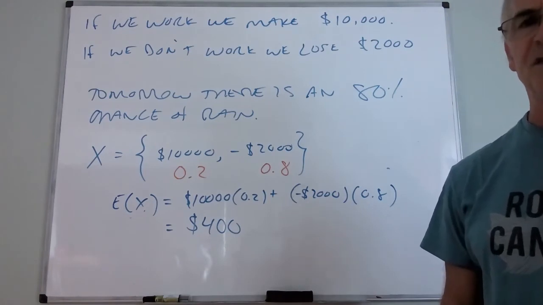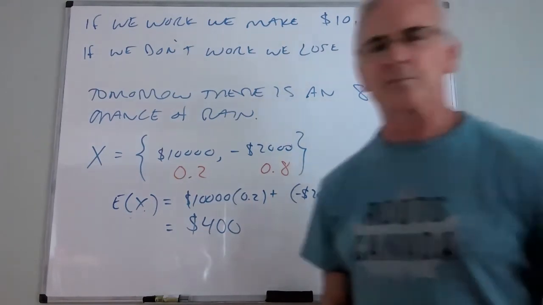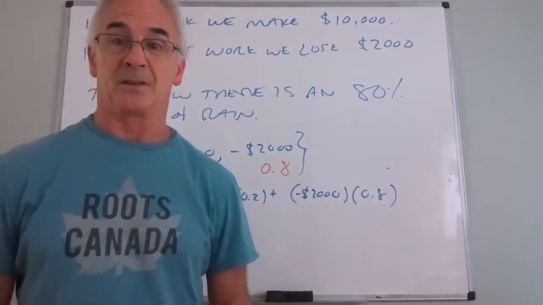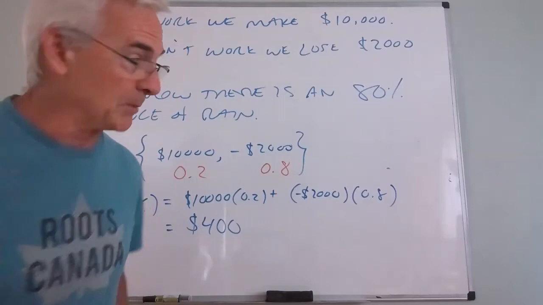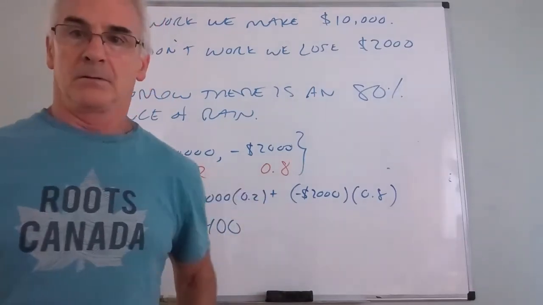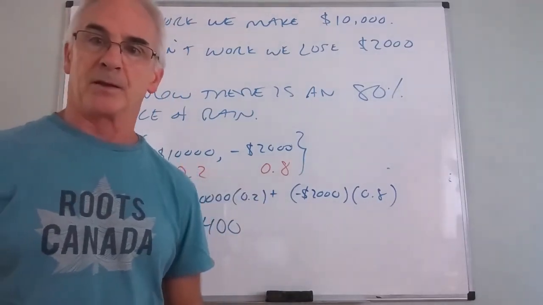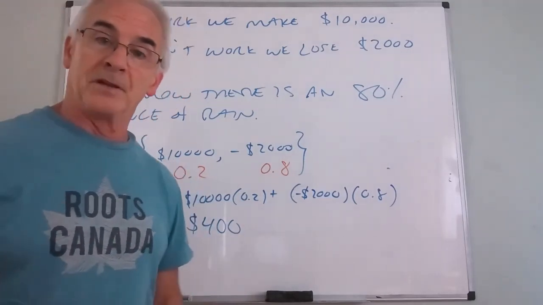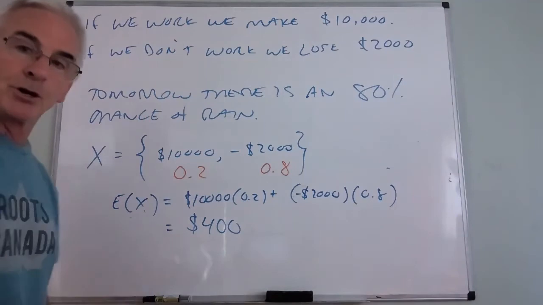On the surface, it seems obvious. But what if I'm struggling? What if I'm really having a difficult time making ends meet? There's a really high probability that I'm going to lose money, and maybe I can't afford it. So really the rule of thumb is there's a positive expected return.